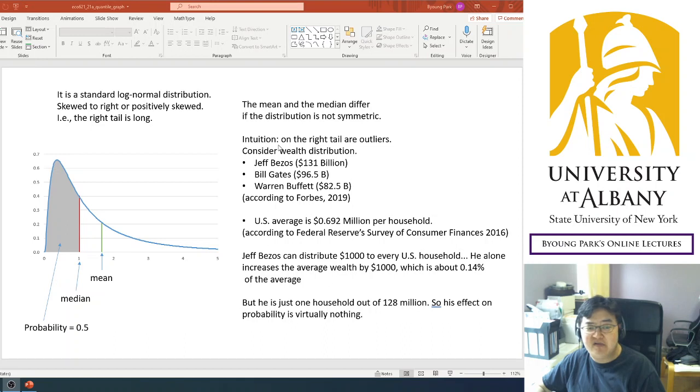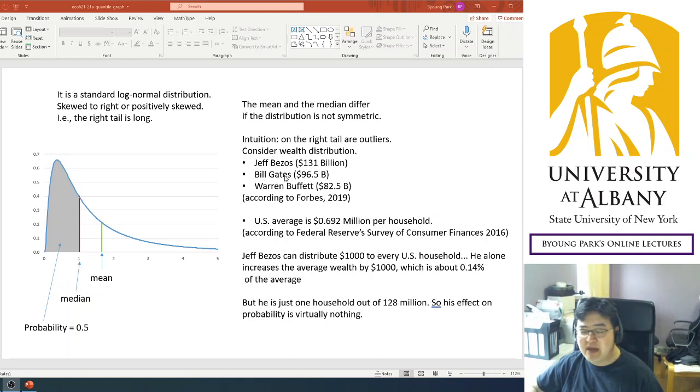Here I will show you the examples. Suppose you think about income, say this is an income distribution. Then at the end of the right side, there must be someone like this. These days the ranking has changed a lot, and maybe Elon Musk may be listed at the top now.